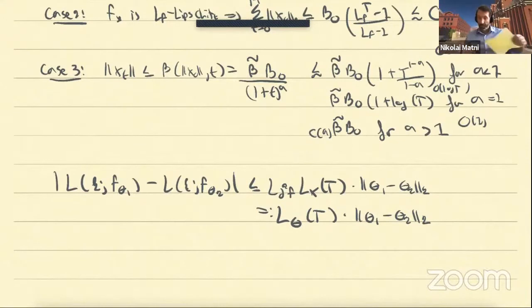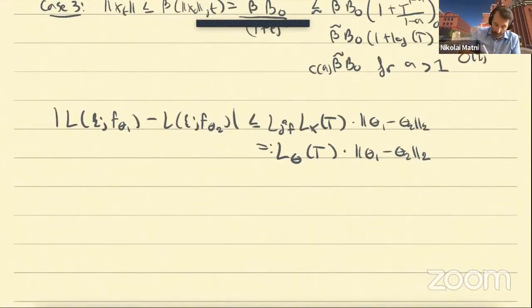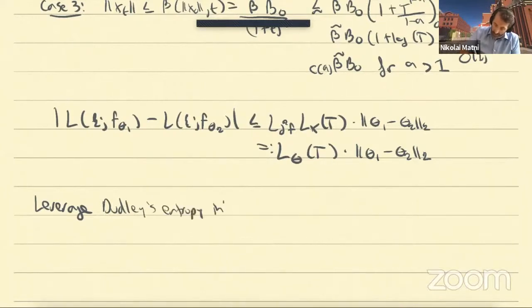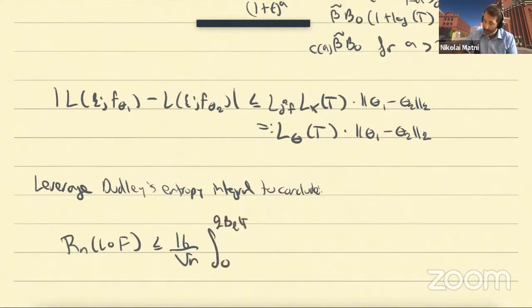Okay, so now we can go back to Dudley's. Now we're in a position to apply Dudley's entropy integral to conclude that this is going to be less than or equal to 16 over square root n times the integral from 2 to BL of t, the square root of log of our covering number that we defined earlier.